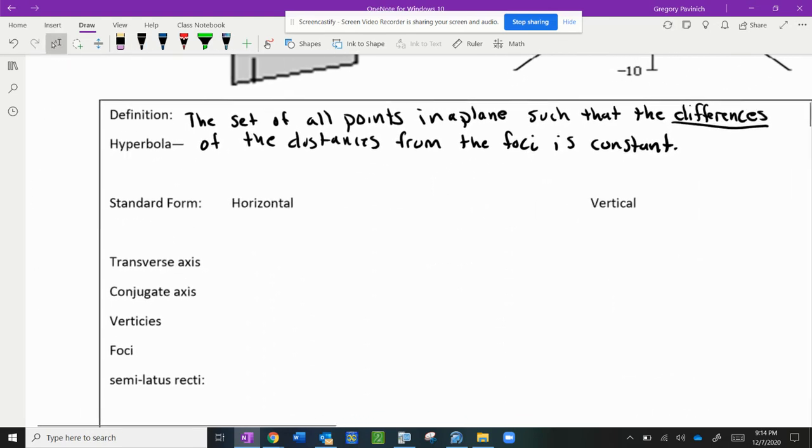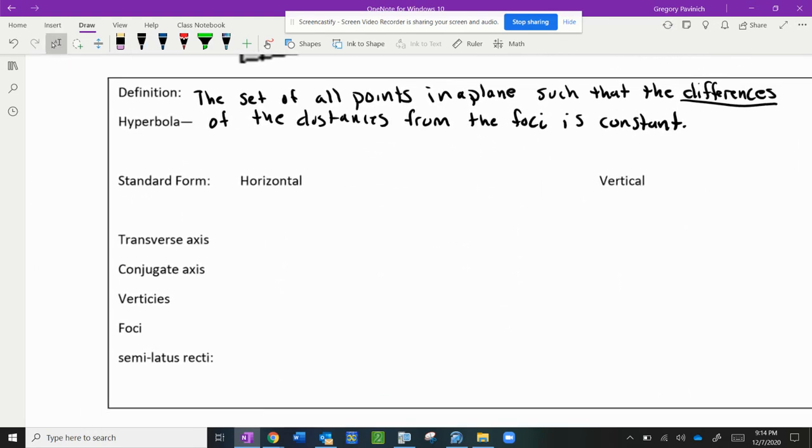Just like an ellipse, we have a horizontally and vertically opening hyperbola. The horizontal looks like an ellipse. However, there's a minus sign in between the two terms, and it's equal to 1.